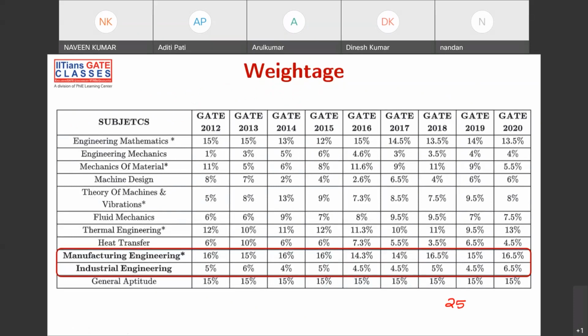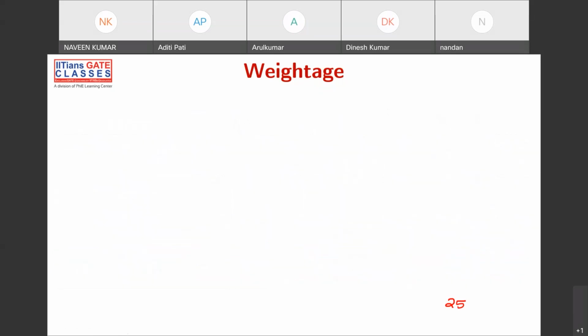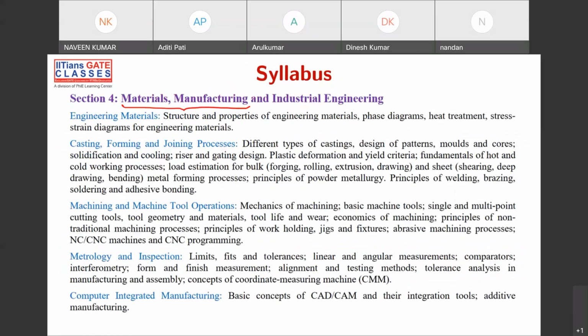It's very, very important, and it's very easy. Why? Because it does not have any connection with your other topics. Let's say if you are dealing with fluid mechanics, obviously you have to have good command of the first chapter so that you will be able to understand the last chapter. But here it's not like that. Everything is individual. If you're taking casting, that's an individual procedure. If you are taking forming, that's again an individual procedure.